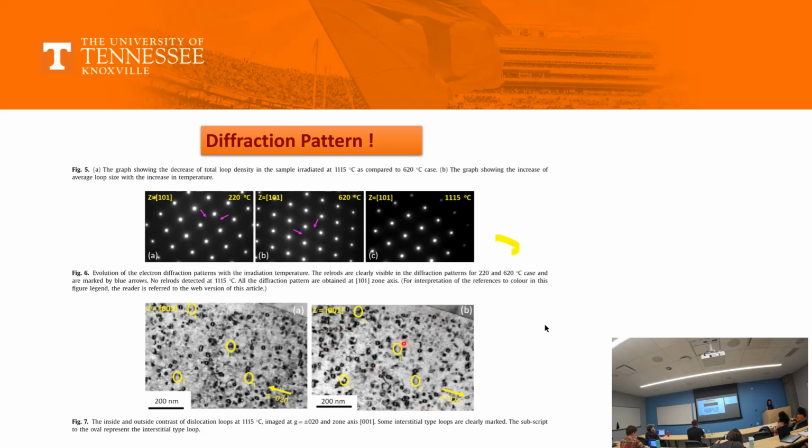So you simply take your beam and take an image. If the global diffraction pattern shows no streaks, that means there is no imperfect dislocation, and if it starts showing the streaks, there is.